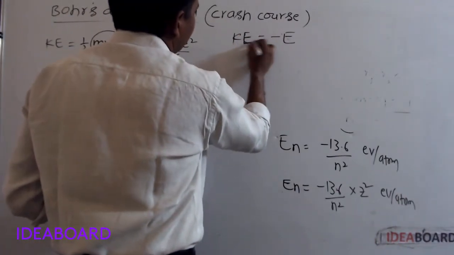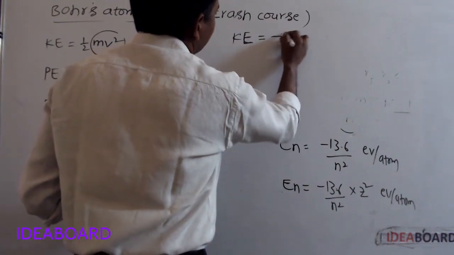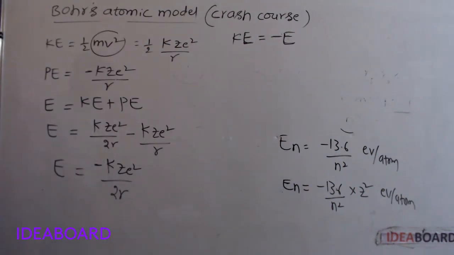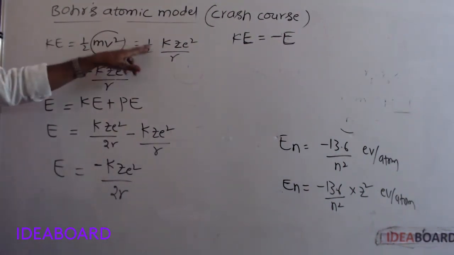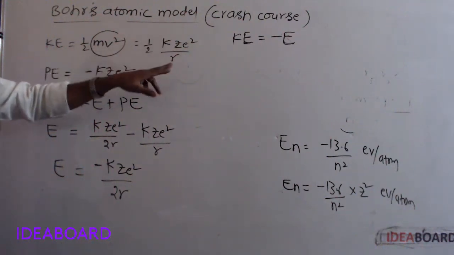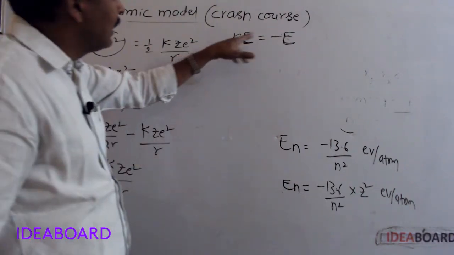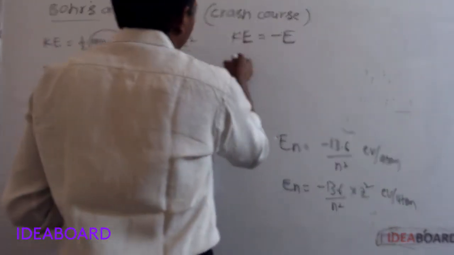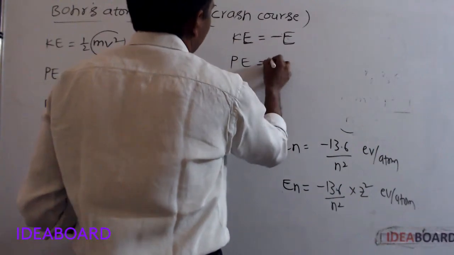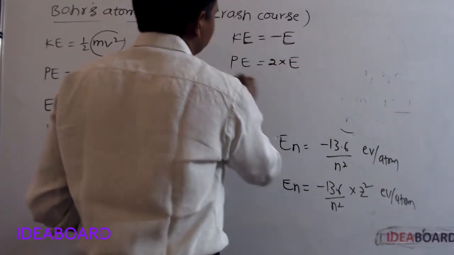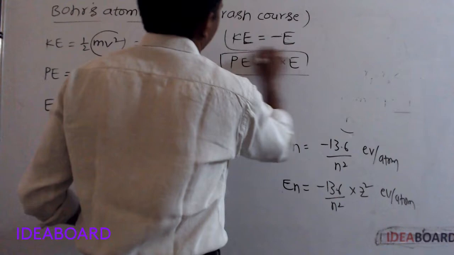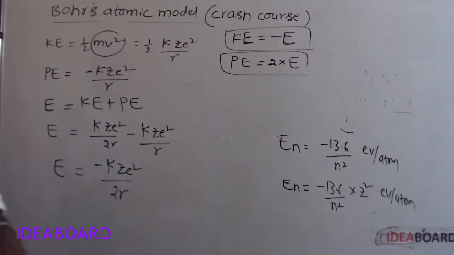Kinetic energy formula is half kZe square by r or kZe square by 2r. Total energy formula is minus kZe square by 2r. So K is equal to minus E. Potential energy is equal to 2 times of total energy.